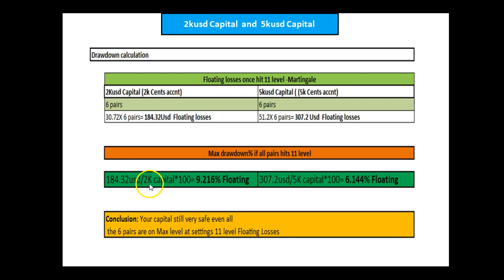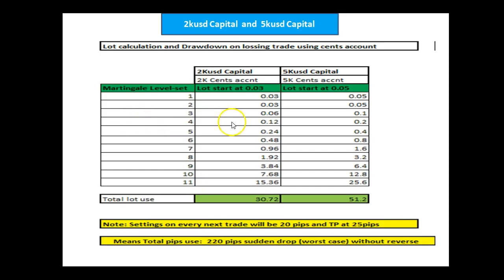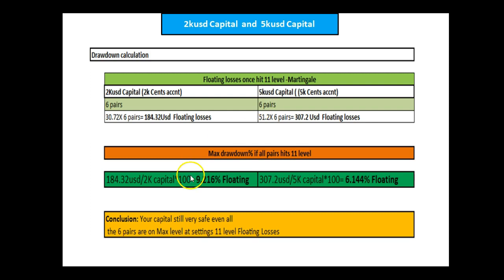So we divide it by your total capital, multiplied by 100%, which will be 9.2% floating losses. So the maximum drawdown for 2000 US dollars with 6 pairs, starting with 0.03 lot in your cents account, is still about 9.22% floating losses.